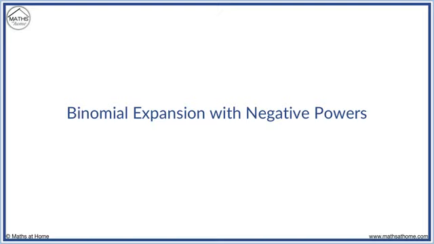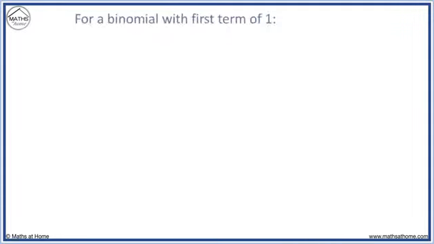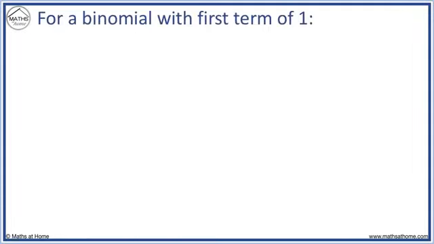In this lesson, we learn how to do a binomial expansion with a negative power. For a binomial that has a first term of 1, which is when we have two terms inside a bracket with the first being a 1, we can write this as a Taylor series as so.